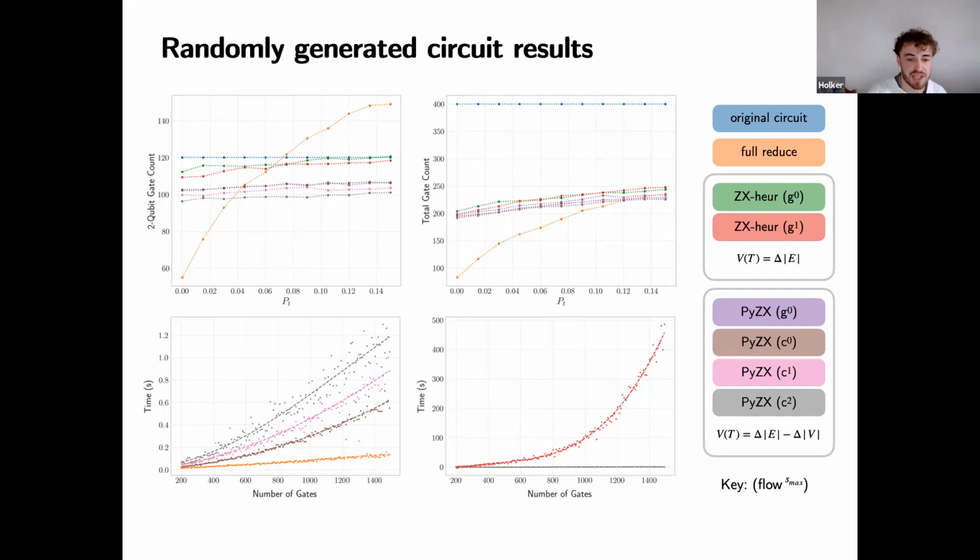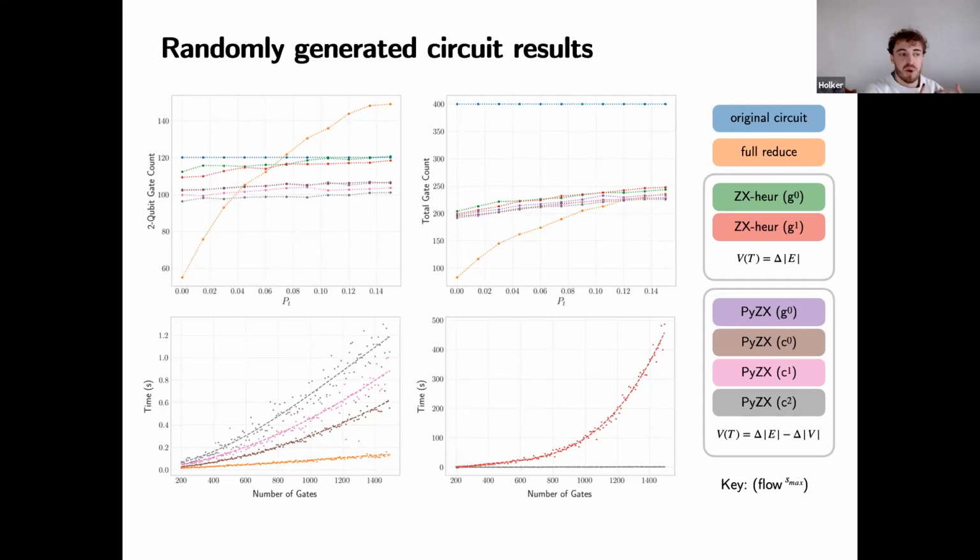From graphs with causal flow, applying the normal Gaussian elimination extraction generally doesn't change the results, except in one case, which I'll show in a second. But I think it's because I only allow transformations which reduce the number of this heuristic I've defined as the number of two-qubit gates.